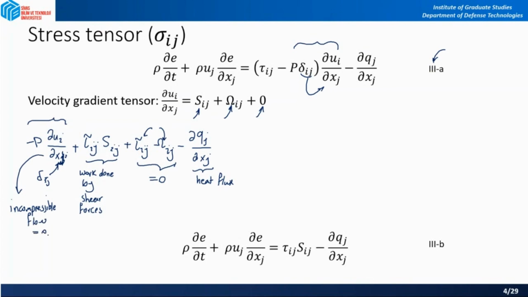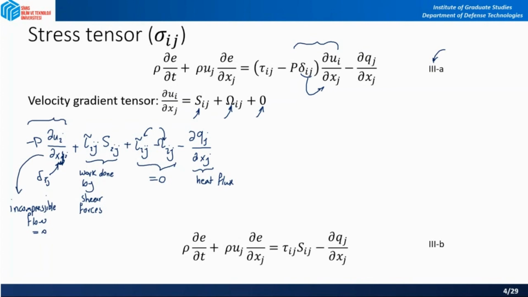But for high speed flow, meaning if your Mach number is very high, it will be significant, and you cannot neglect this dui/dxi. The second term, we said physically represents the work done by the shear forces, and then we have the change in temperature or energy.